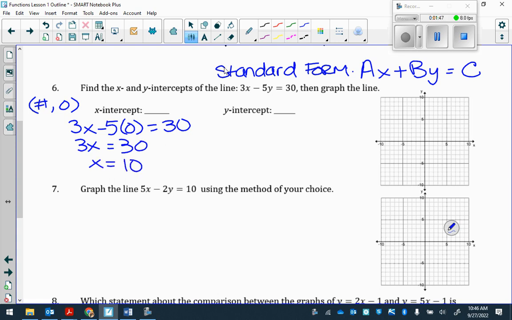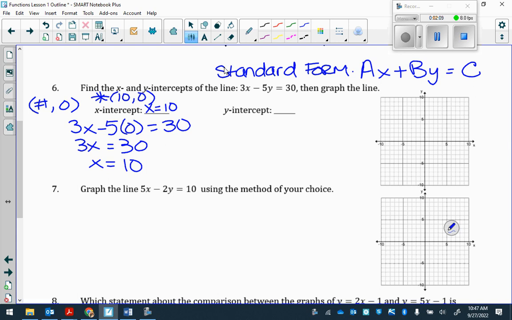So your x-intercept, you could write it two ways, x equals 10, but a lot of this we're going to see in this notation, as a point. This is where I want you to become familiar with it. Even though both are correct, I want to see this: (10, 0), your x-intercept.